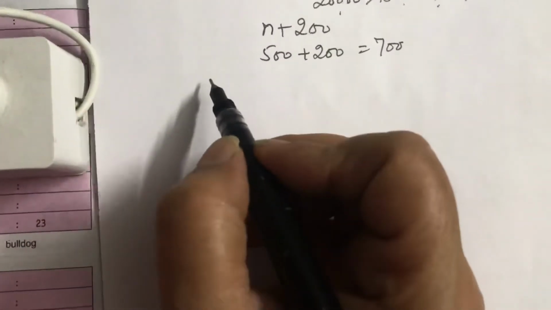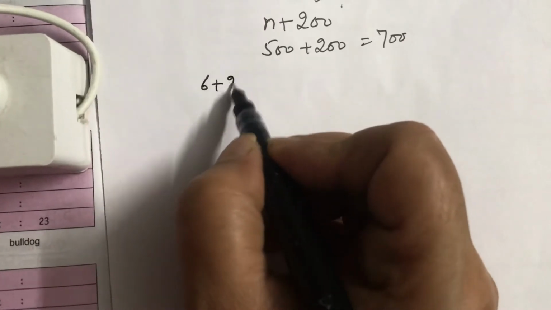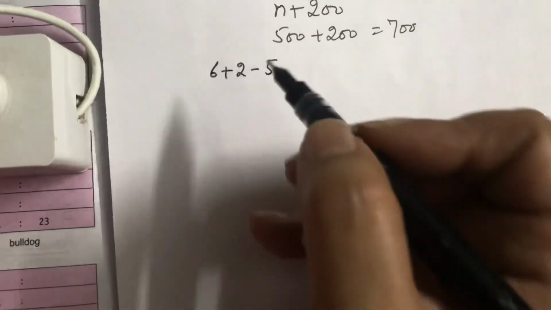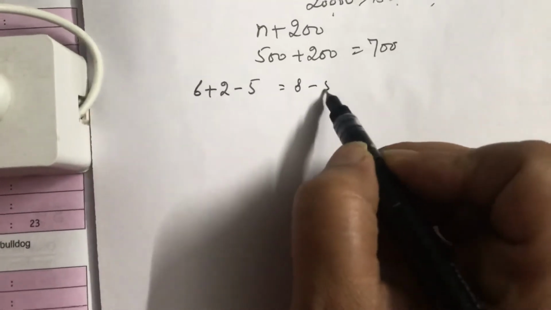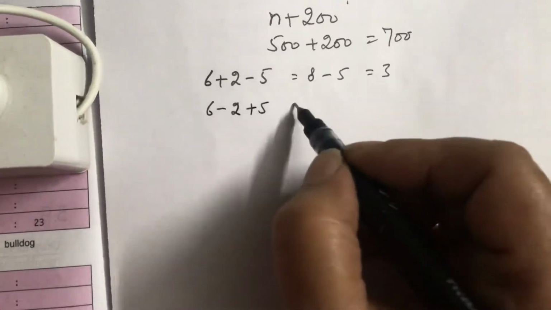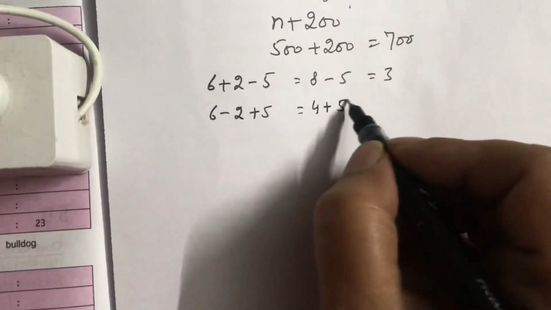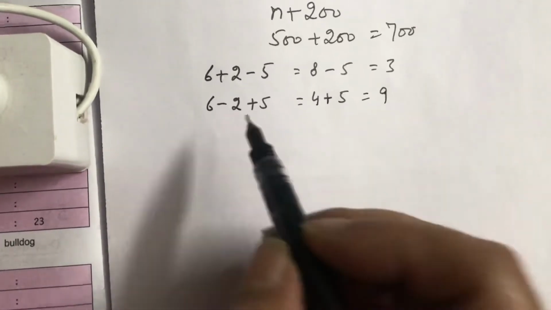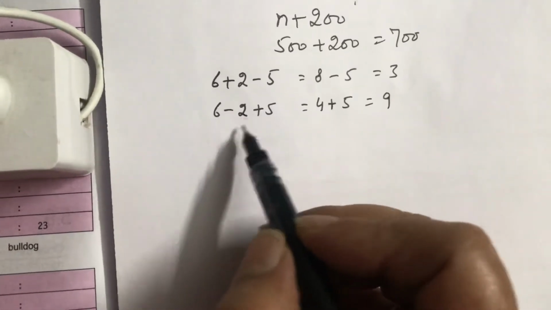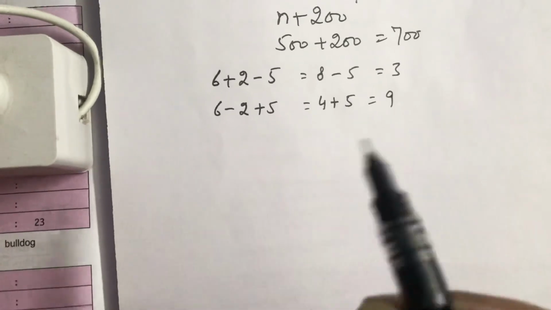Now suppose there is one question, 6 plus 2 minus 5. It's going to be 8 minus 5, which is 3. If it is 6 minus 2 plus 5, then it is going to be 4 plus 5 is equal to 9. Because they have the same priority, whichever symbol comes first is to be calculated.